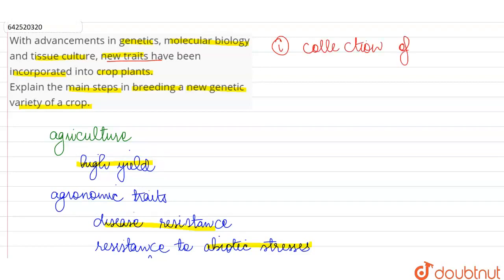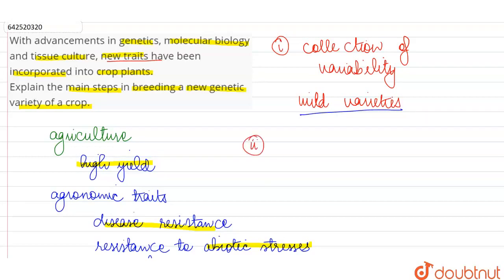In any plant breeding program, before we can try to incorporate the desirable genes into our crop plant, we should first know what different kind of genes are available in the existing varieties and even in the wild varieties of this crop. So when we have all this information about the entire gene pool which is available in the cultivated and wild varieties of this plant, then we can continue with our plant breeding program.